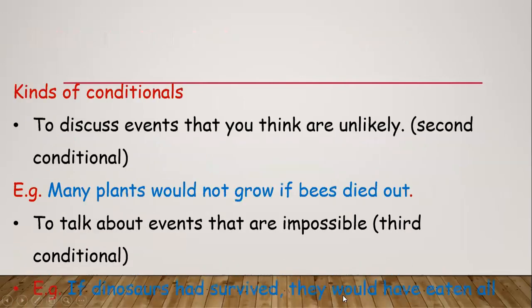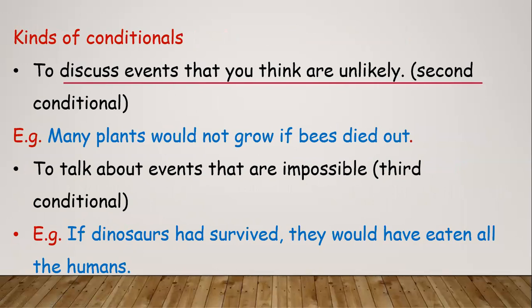Let's continue. Kinds of conditionals. Okay, as I told you at the beginning of the video, there are 4 types or kinds of conditionals. But for unreal situations, there are just 2. The second conditional, that we are exploring today, and the third conditional that we are going to explore maybe next week.